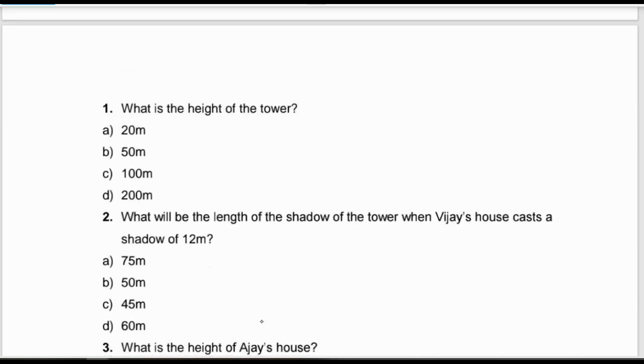Now we have to compare Ajay's house, Vijay's house, and the tower. We can take any of them, so we will take Vijay's house first, that is A, B, C. Here it is 20 meters, and this is 10 meters.